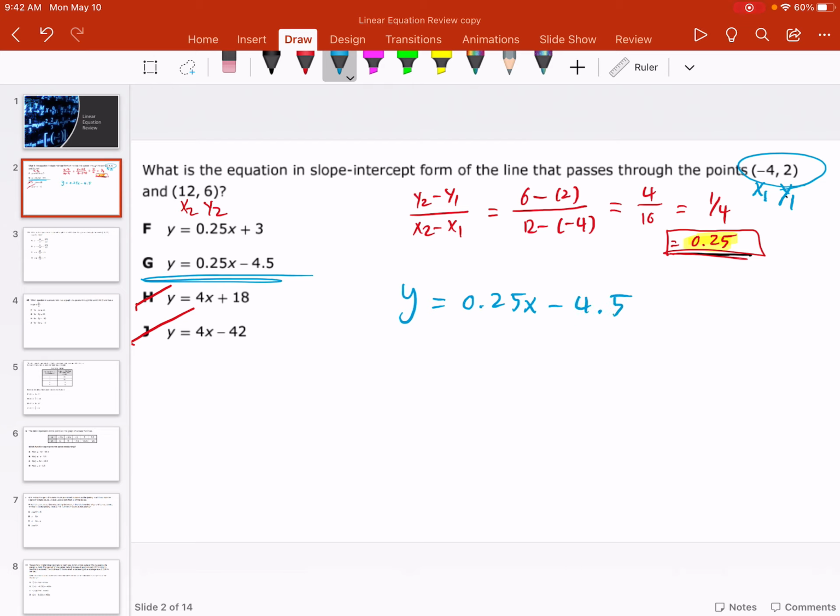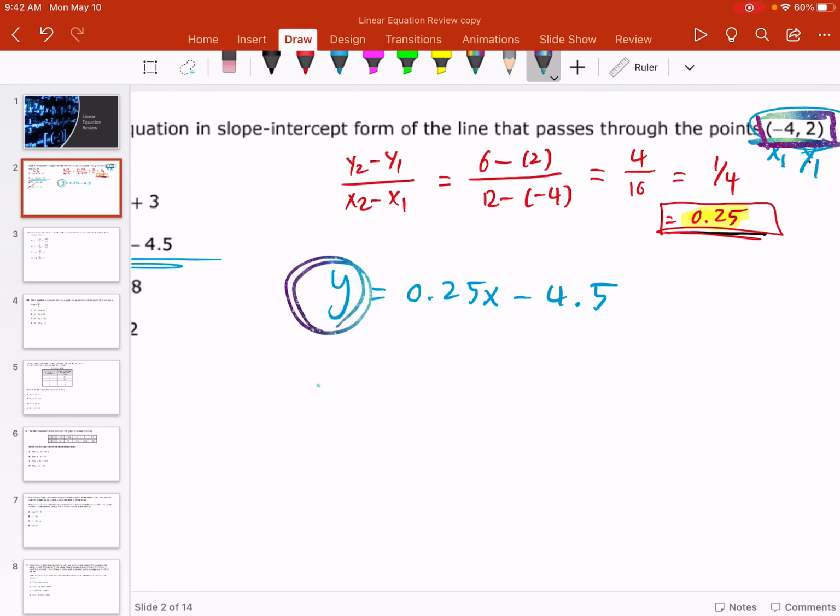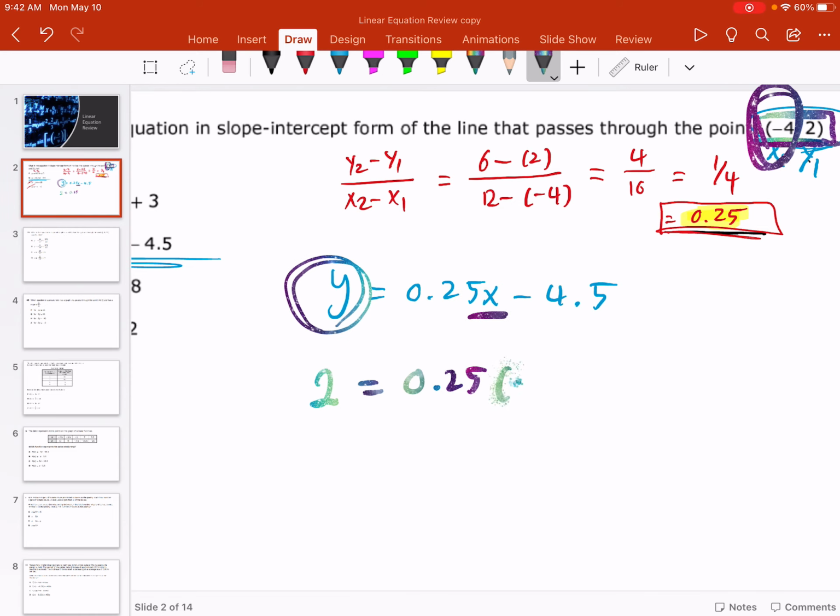According to this one, if x is equal to -4, y should be 2. So instead of y, I'm going to plug in 2, and instead of x, I'm going to put -4. And we have -4.5 left over here.